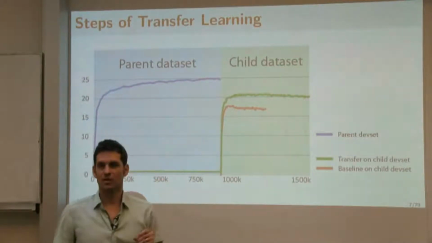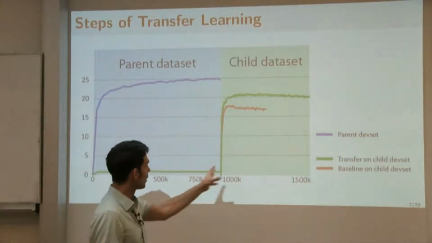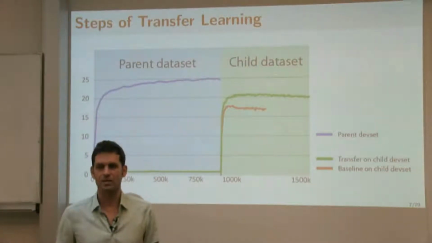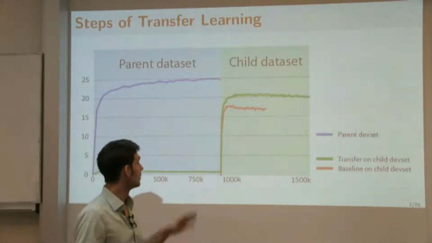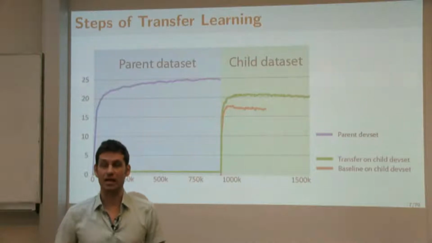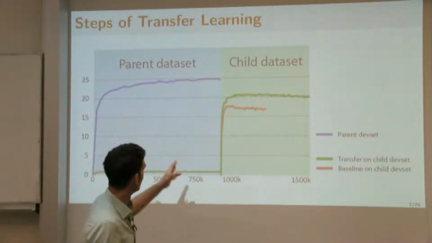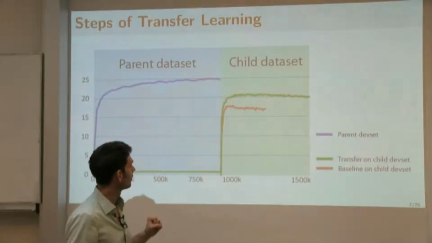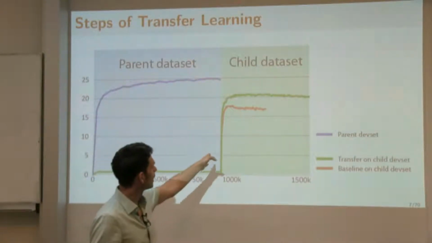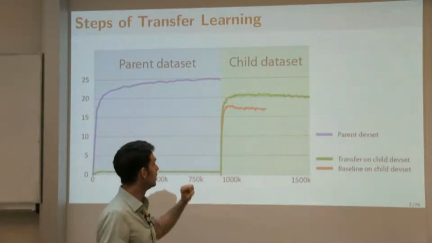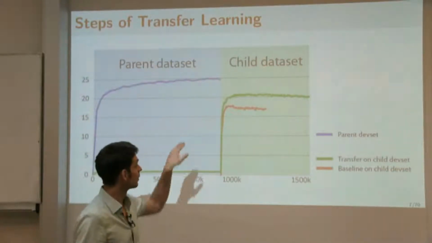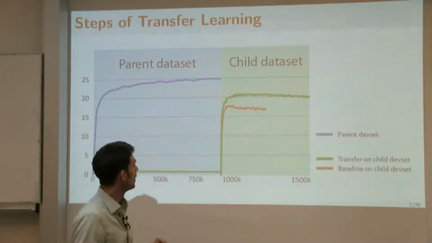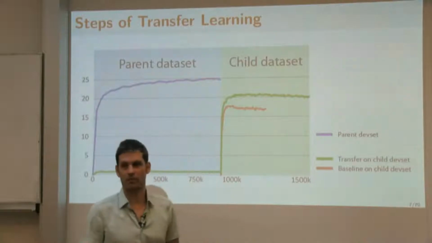But if you initialize this child model not with random weights, as is the normal case, but if you simply continue training with the model as it was trained on the parent language pair, then you can get this transfer learning effect. You can get rid of the degradation due to the overfitting, and you get the better performance.